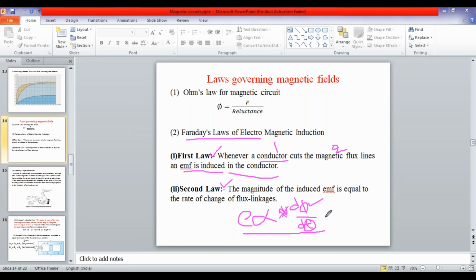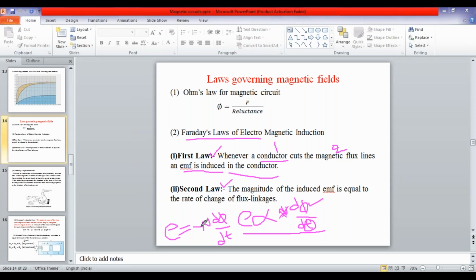Now for that induced EMF, the proportionality constant is the number of turns N, into d phi by dt, with a minus sign: E equals minus N d phi by dt.